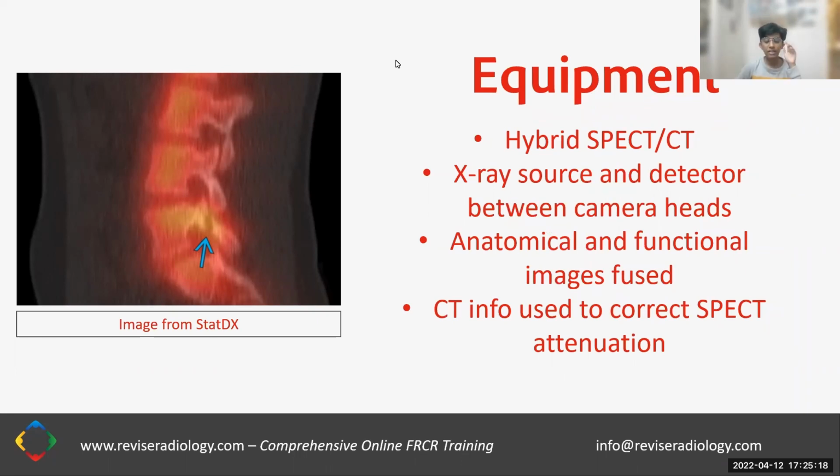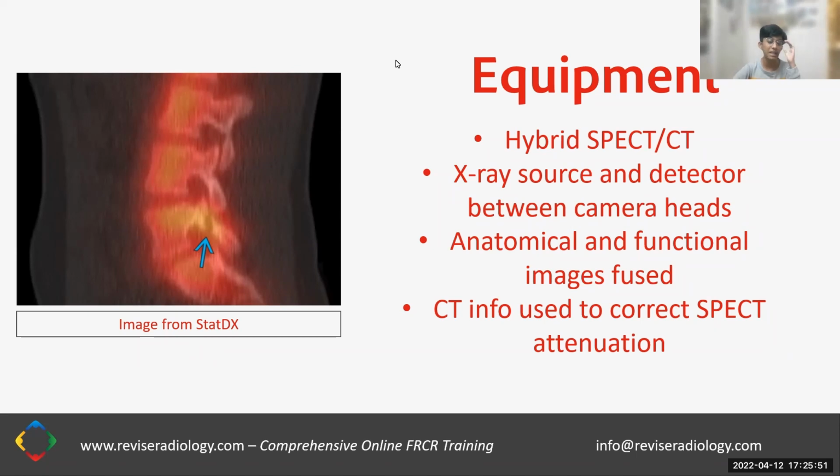So you can also have a hybrid system, which is simultaneously acquiring both the radionuclide information, the functional information, as well as the CT information using an X-ray source, that's the anatomical information. How this works is you have your gamma camera heads, which pick up the photons and give you the functional image of the organ. You're also going to have an X-ray source and detector, which is positioned between these camera heads.